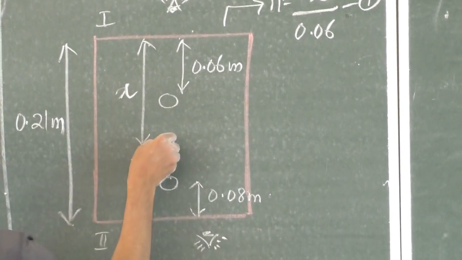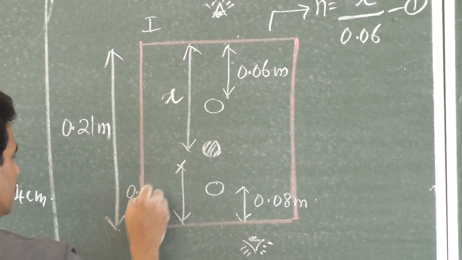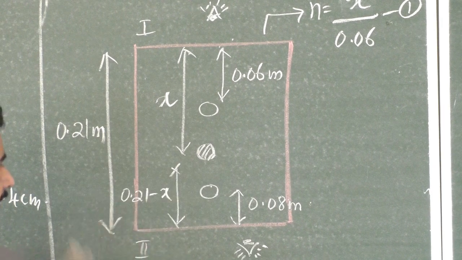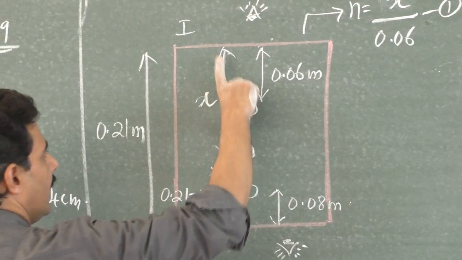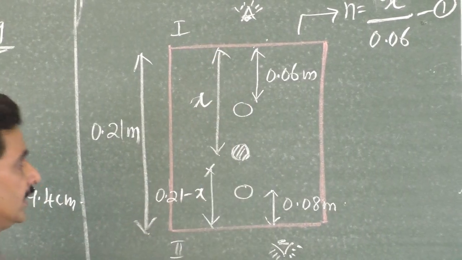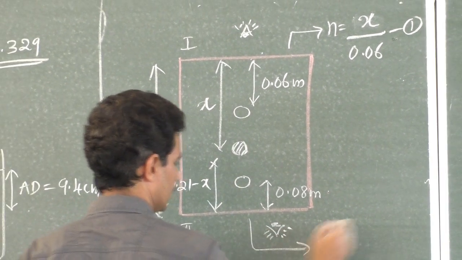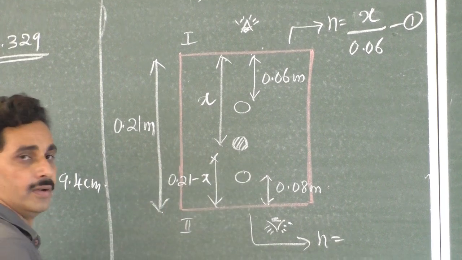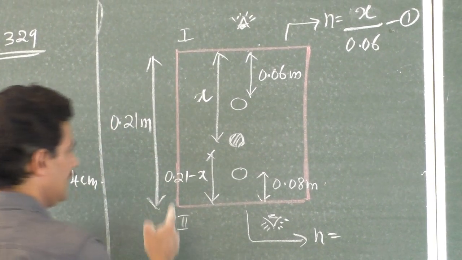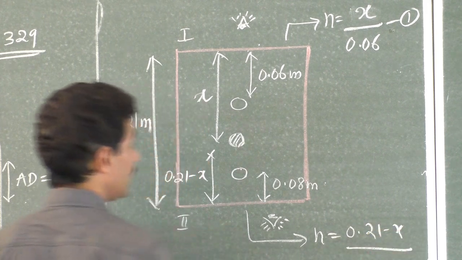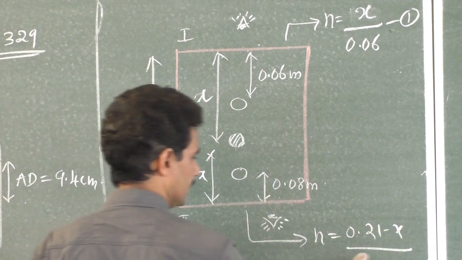This is the real depth from the second face, that is 0.1 minus X: the total thickness of the glass cube minus this X, that is this distance. So if you write the formula from this face, n is equal, same refractive index, same material, right? Real depth is 0.1 minus X by apparent depth, 0.08.